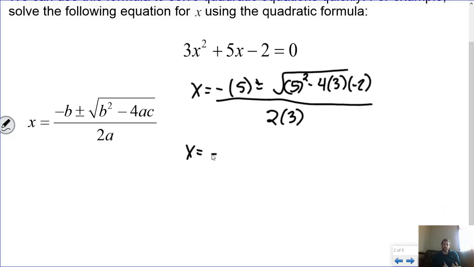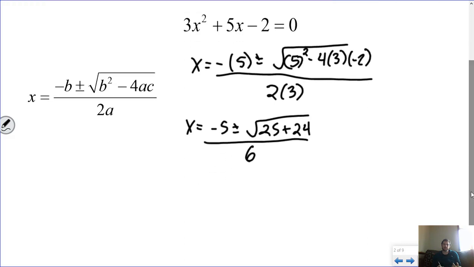So x is going to be equal to negative 5 plus or minus the square root of 5 squared is 25. 4 times 3 times 2 is 24. But it's going to be plus 24 because I have one negative here and another negative there, and a negative times a negative gives me a positive. All over 2 times 3, which is 6.